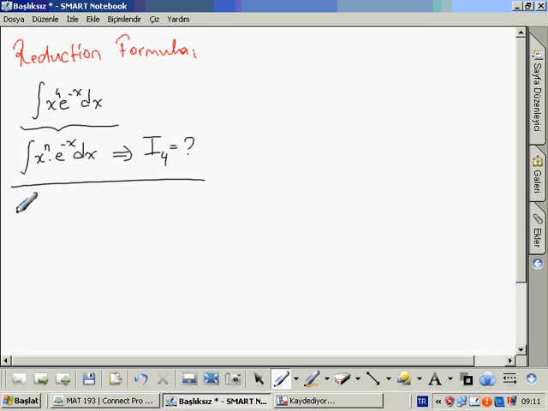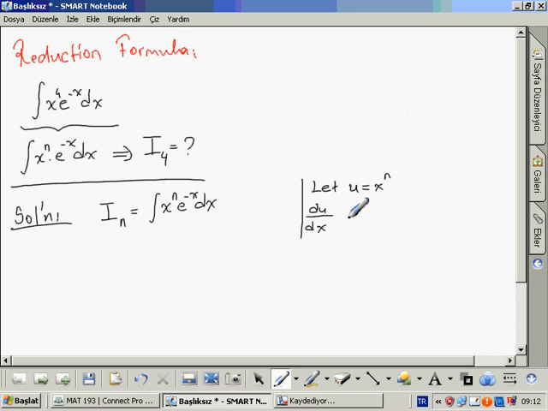Let's solution. I sub n equals the integral of x to the power of n e to the minus x dx. Let's choose u as x to the power of n, and of course this is a polynomial function, and du over dx will be equal to n times x to the power of n minus 1.